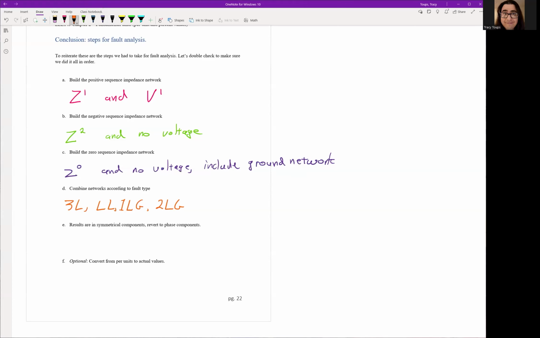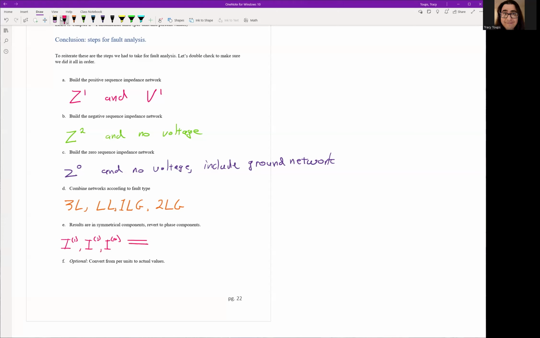After all this gets put in, what do you do next? The results are symmetrical components. You need to revert them back to phase components. So remember, you're going to get I1. Let me write that a little better. Your results of your sequence networks will be I1, I2, and I0.